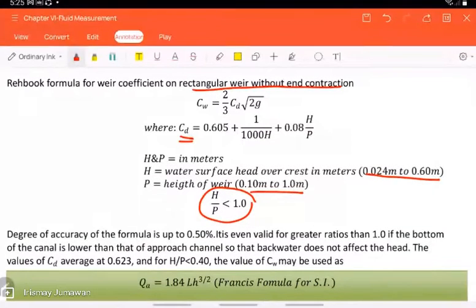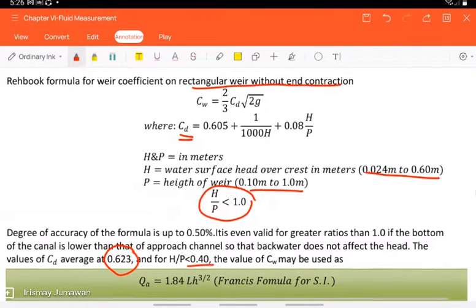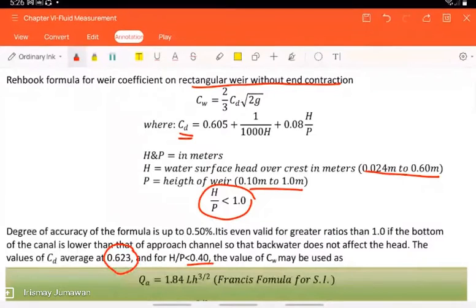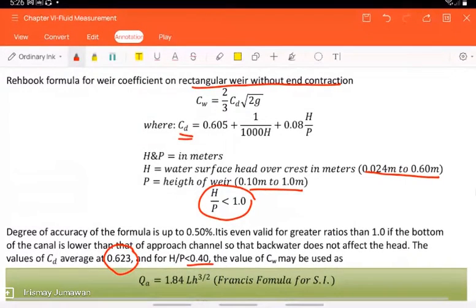So daghan na sila, no? Then, ningon po siya, the value of CD is 0.623 if it is less than 0.4. So, if the ratio of the head over the height of the weir is less than 0.4, so the CD is 0.623.